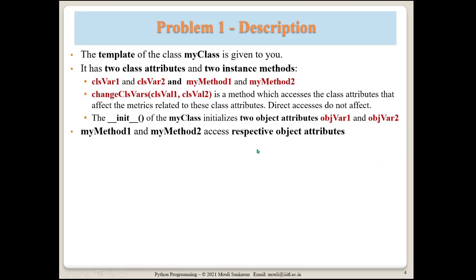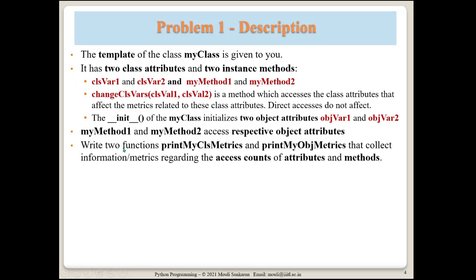So where do you change the metrics related to object 1 and object 2, to capture the object level metrics of how many times variable 1 is accessed and how many times variable 2 is accessed? I expect you to use only these two methods to access them, and I want you to modify these methods to put in your code so that the metrics can be captured.